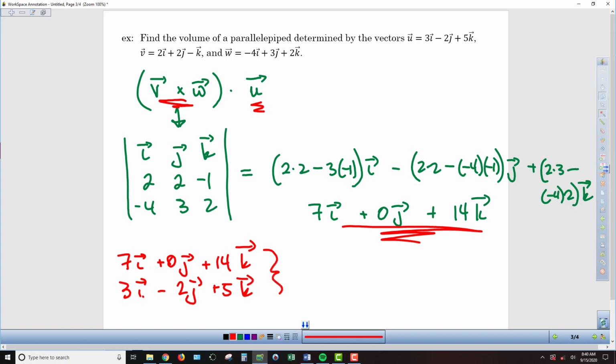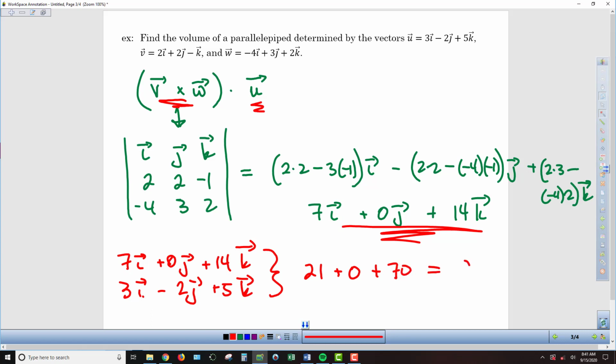Now I'm just going to multiply the corresponding components and add them. So 7 times 3 is 21, plus 0 times -2 is 0, plus 14 times 5 is 70.